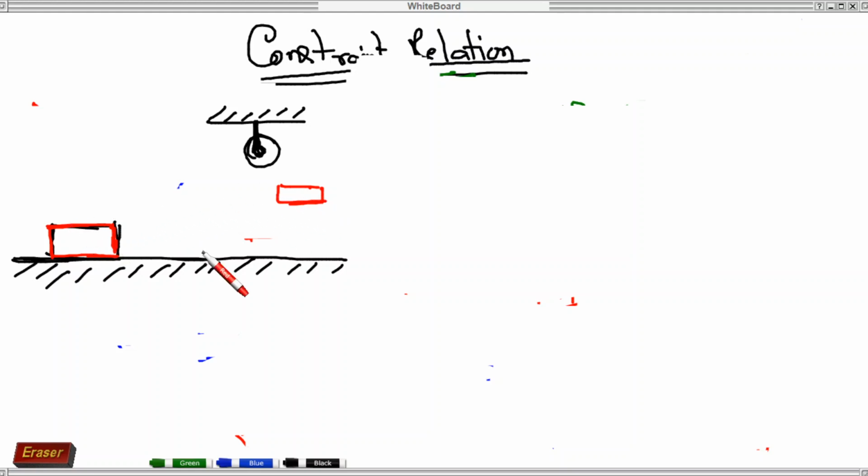Leave it, I am not keeping the block part here. Suppose some string, and suppose this part is moving with velocity, you can say it's v.